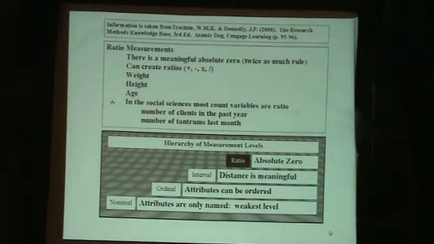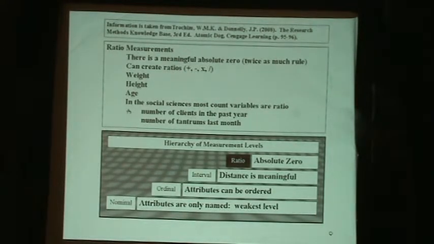In the social sciences, most count variables, things that you can count, are ratio data. Let's suppose you have a clinic and they're looking at the number of clients they had in the last year. Well, there could be such a concept as they had no clients. So there is an absolute 0 point, so that would be ratio, or the number of tantrums that you had last month. There may be no tantrums, so there is an absolute 0 point, so that would be ratio data also.